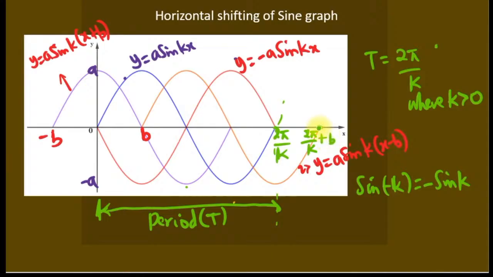It started from b and it will end here. The one shifted to the left will be 2π over k minus b.